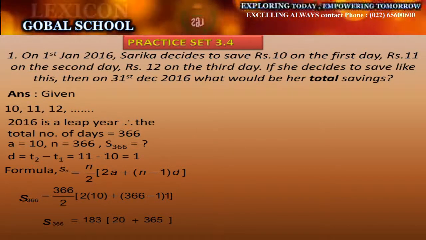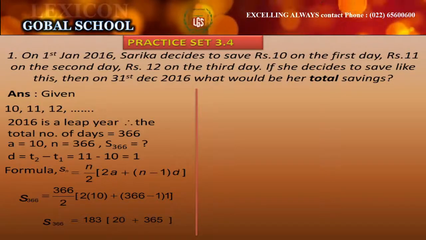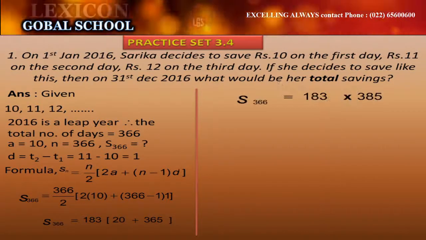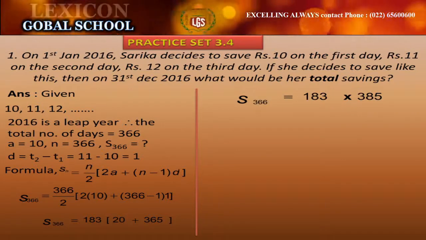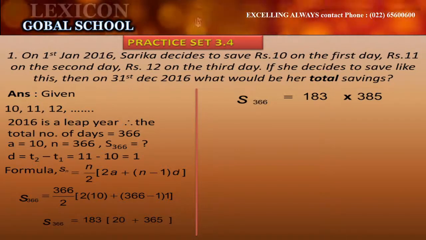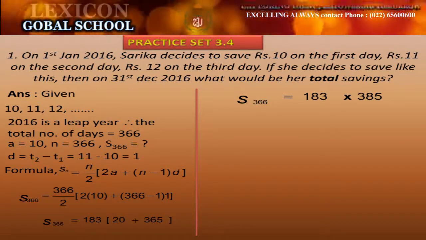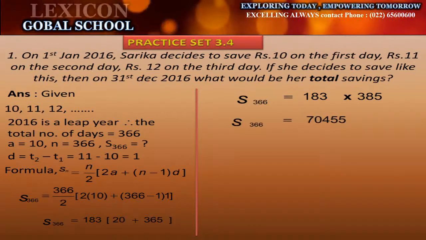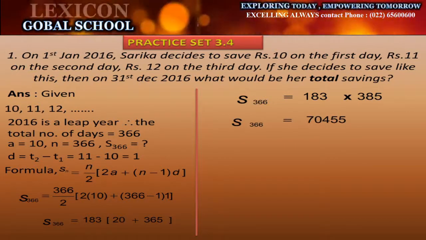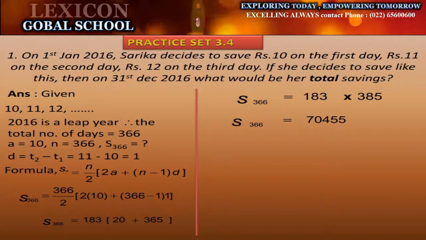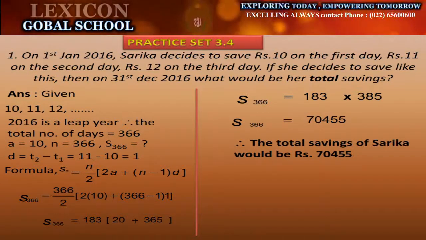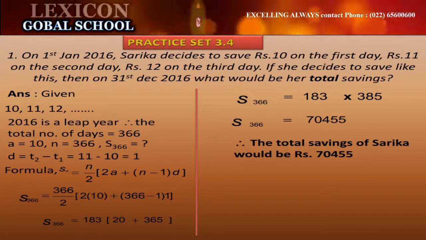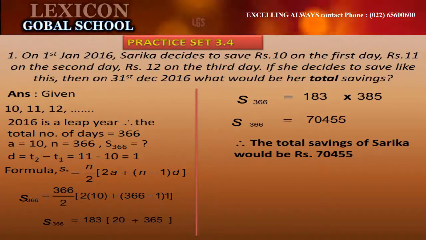When you add 365 plus 20, you get 385. When you multiply 183 by 385, your final answer is 70,455. Therefore, the total savings of Sarika would be rupees 70,455.